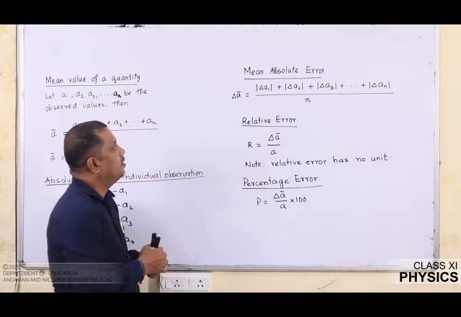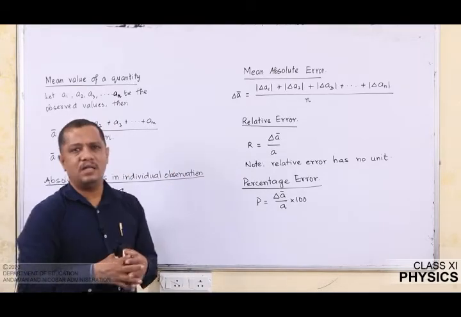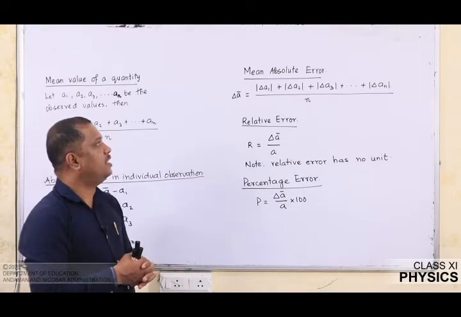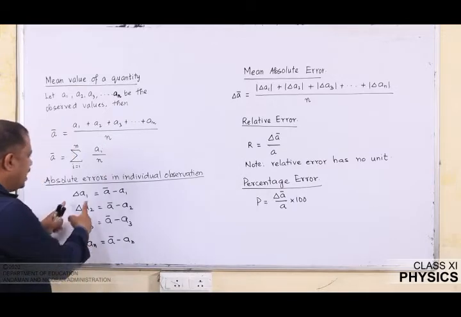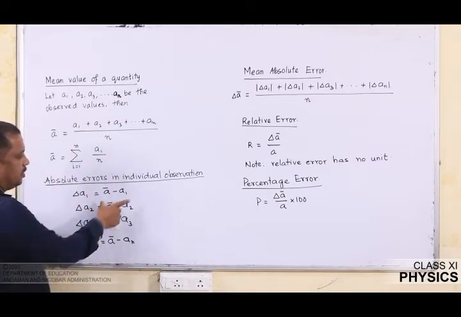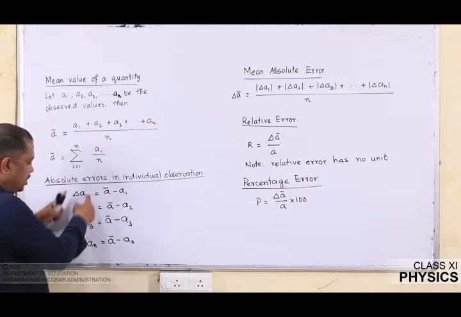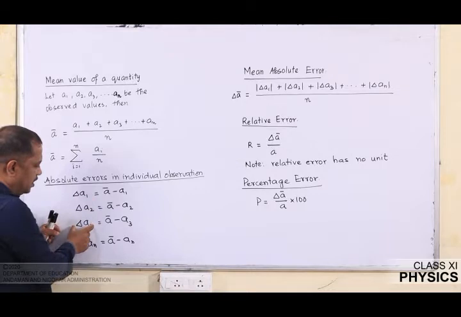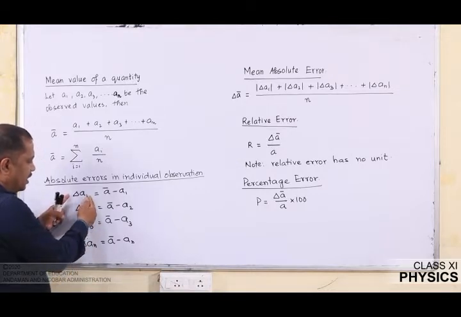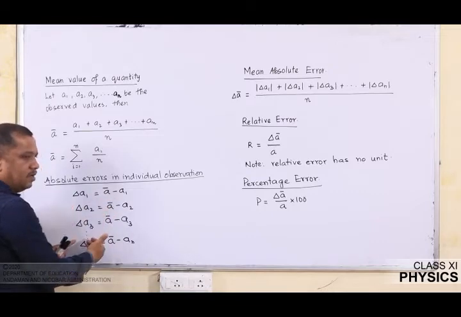Then the next term is called mean absolute error. Now, what is a mean absolute error? We found the absolute error in each of the measurements or observations. Now, if we find the mean of these, be mindful that when I find delta A1, delta A2, delta A3, some of these absolute errors can be positive, some can be negative.